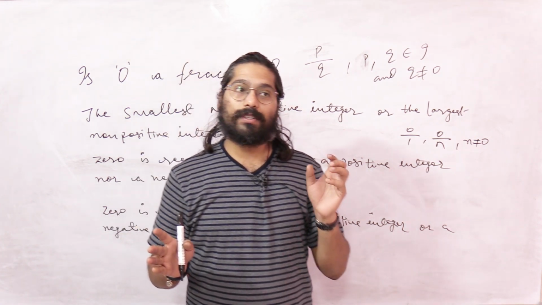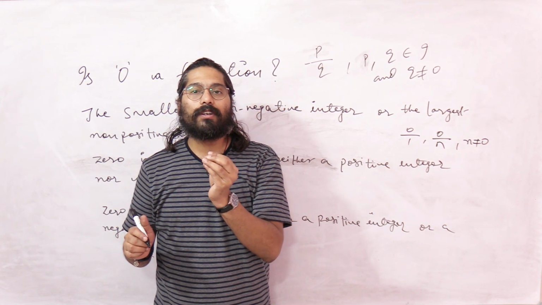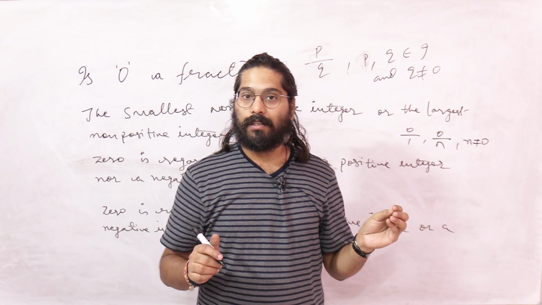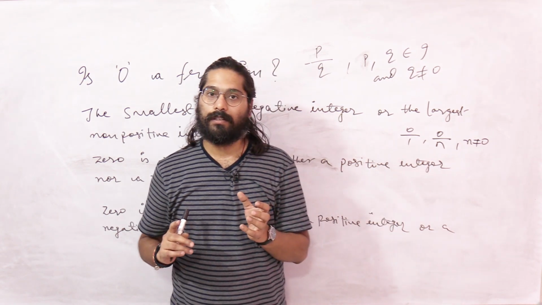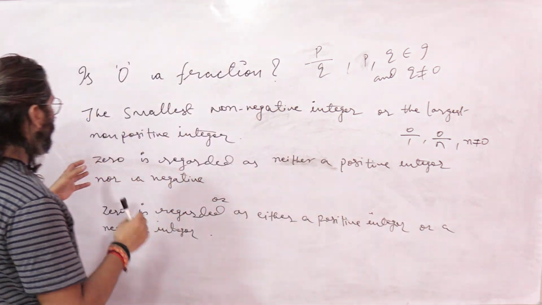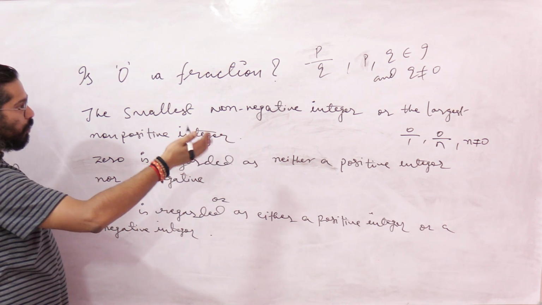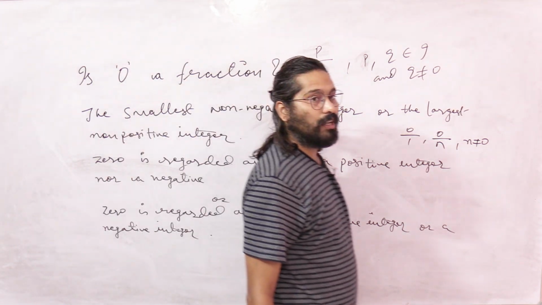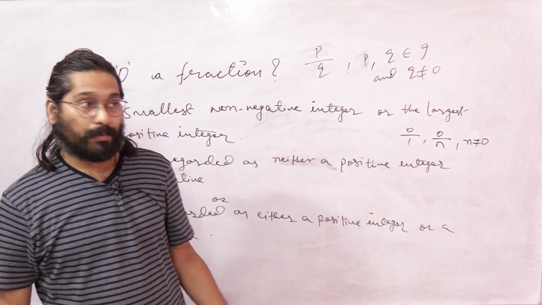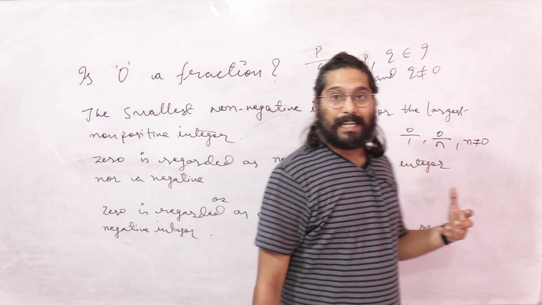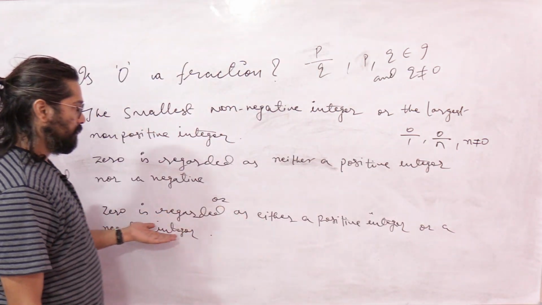But no, 0 is definitely an integer, but the thing is 0 is not an ordinary integer. It is an integer with special meanings attached to it. As you can see, this is one of the specialities of zero: the smallest non-negative integer or the largest non-positive integer. Sometimes 0 can be used as negative, sometimes 0 can be used as positive.